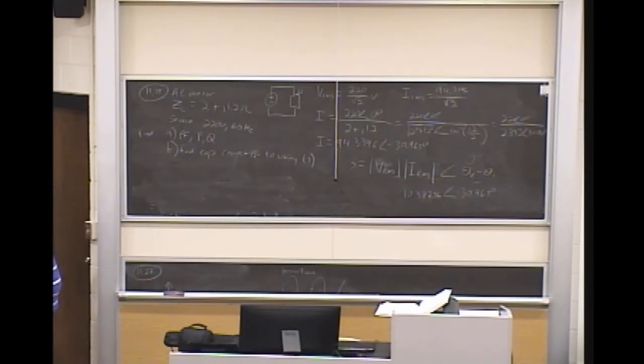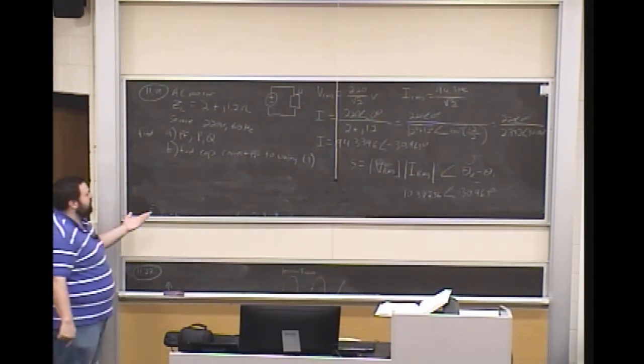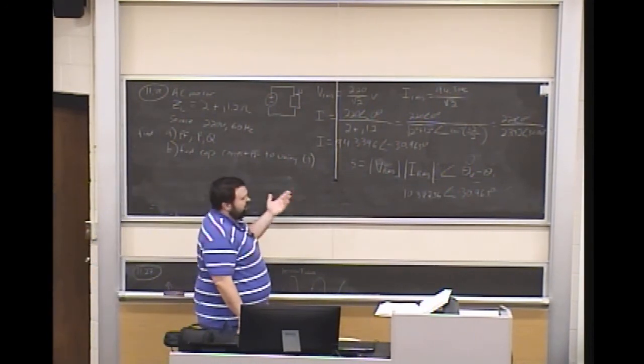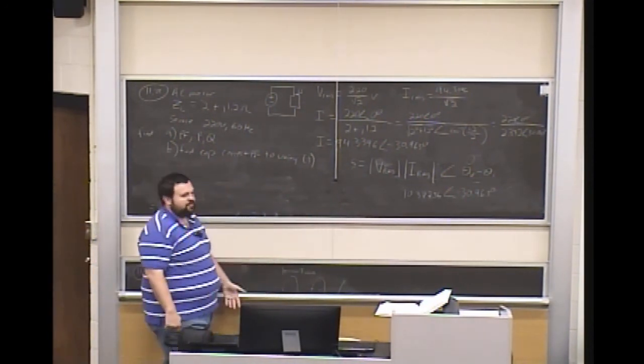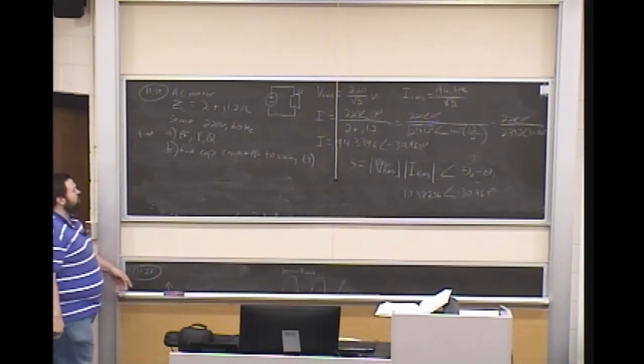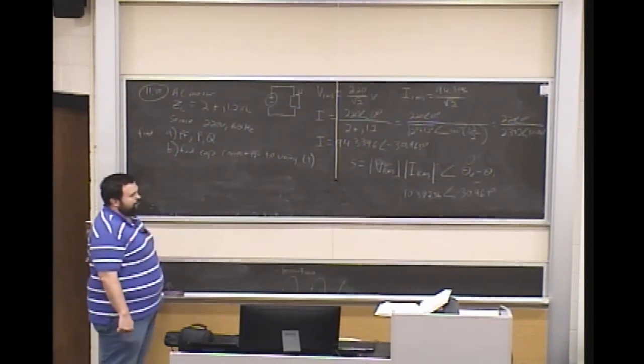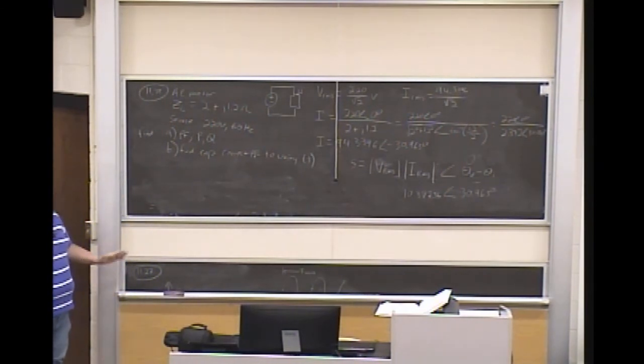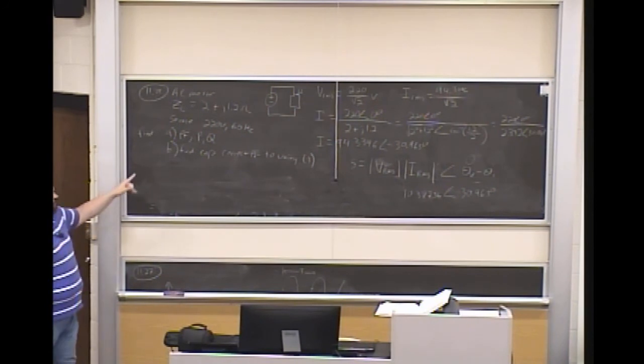In an ideal world, all of our power would be real, so that we're actually transferring real work to a real load. Okay? But because we have complex loads in here, we actually end up with some imaginary portions of our power. That doesn't do any work for us, and it just drives up our bill. Okay? So what we're ultimately going to do in part B is pick a capacitor to put in parallel that will shift that vector so that we ultimately get to a power factor of 1.